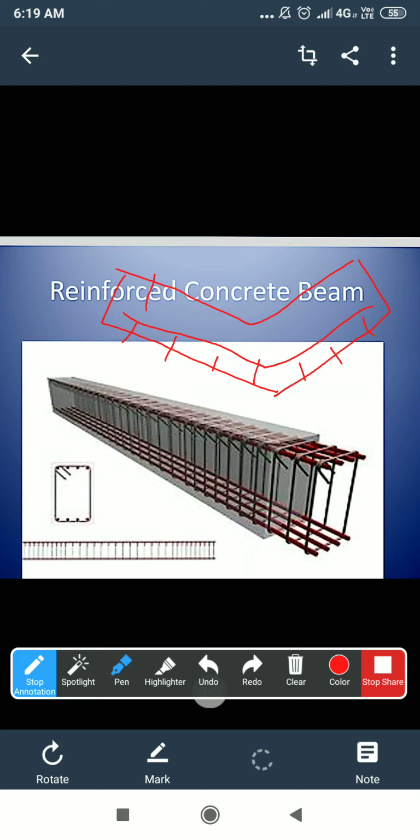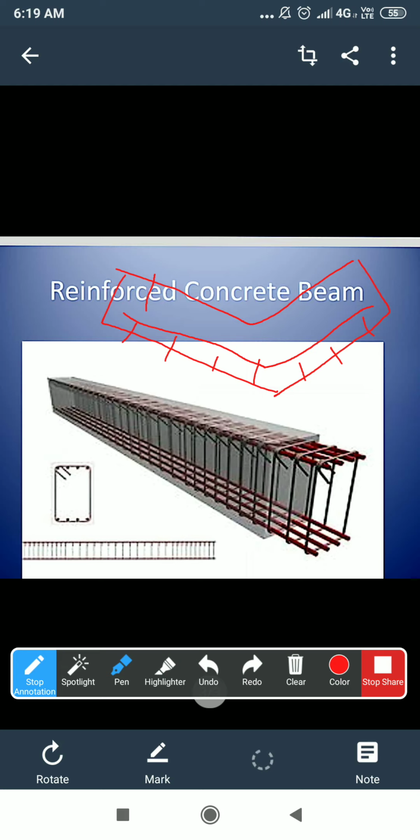In order to make any structural member more ductile, the reinforcement plays a very important role, and also to avoid brittle or sudden failure of the member, the presence of the steel plays a very important role.